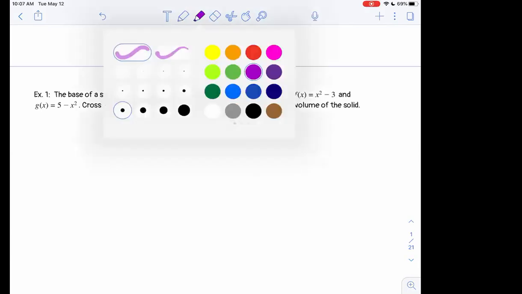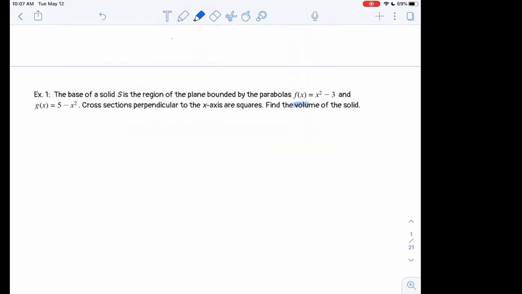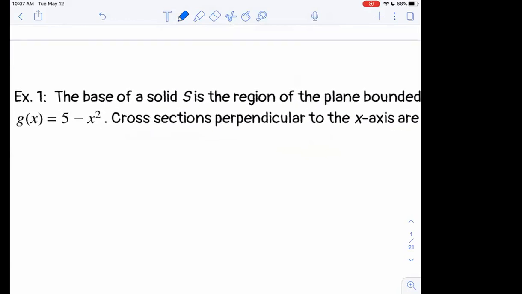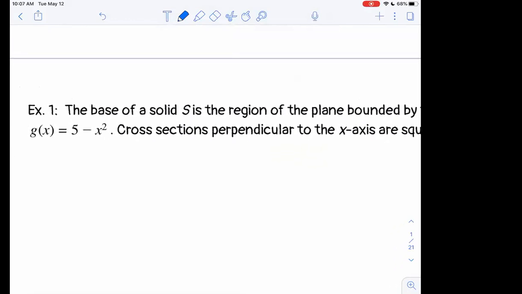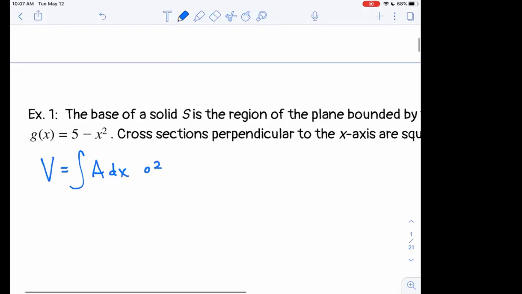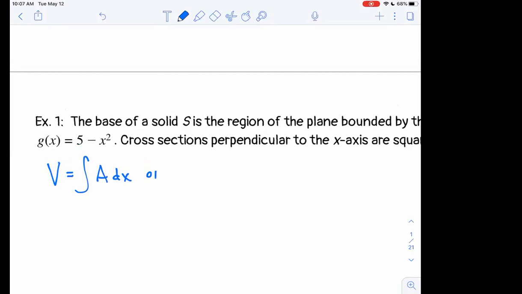So to me, the key word in here is that I'm finding the volume of a solid. And so as soon as I see the word volume, I'm already thinking volume equals the integral of area dx, or it equals the integral of the area dy.